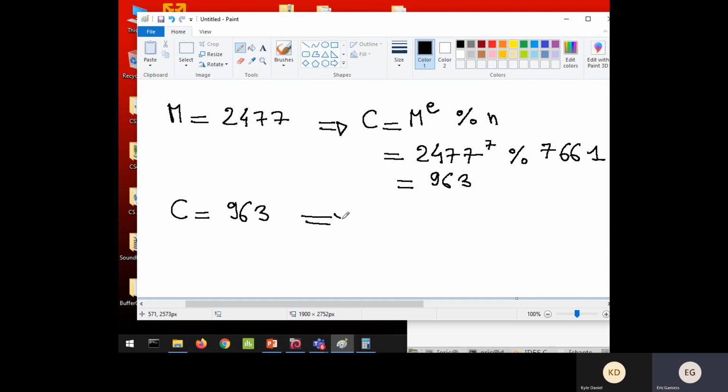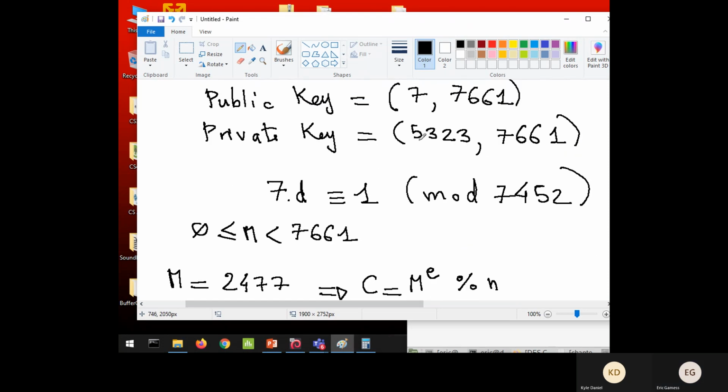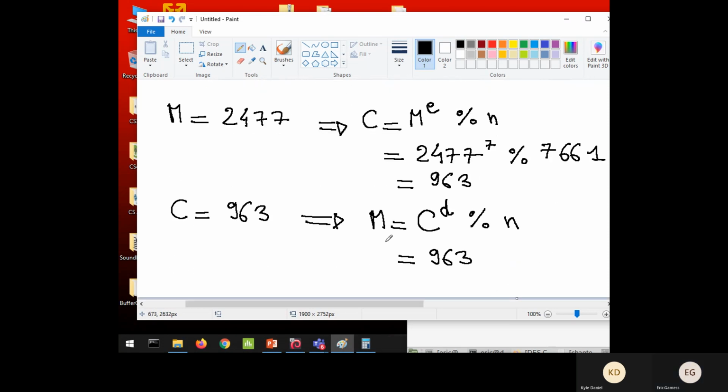So if you give me the ciphertext and I need the plain text, I will do what? Ciphertext to the power of private exponent modulus N. So I will do 963 to the power of 5,323, modulus 7,661.